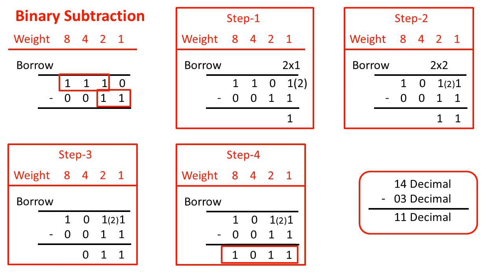You can just see this is step number 4 where finally we have achieved the result. You can observe closely. At the positions 8 plus 2 plus 1, that is 11. So it is quite confirmed that we have perfectly done the binary subtraction.